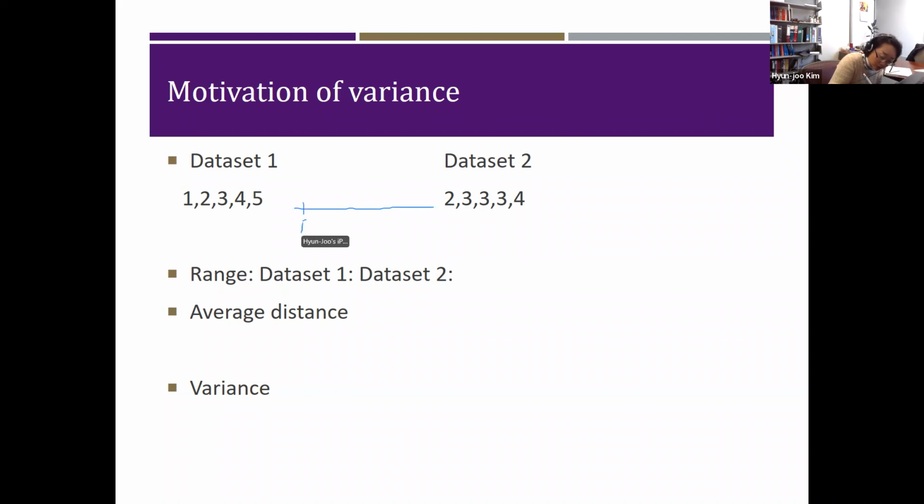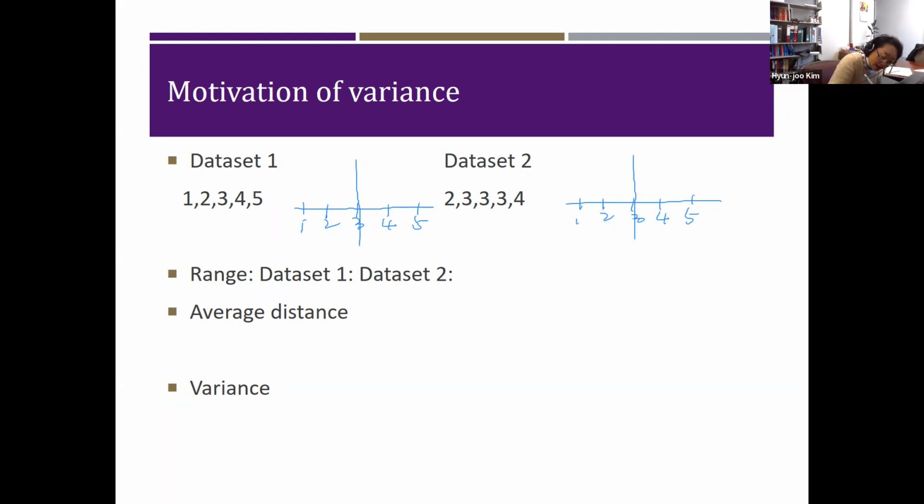So here's 1, 2, 3, 4, 5. I'm going to do exactly the same thing for data set 2: 1, 2, 3, 4, and 5. Your center is 3 right here, and the same thing here, your center is 3. Again, we're measuring how far your data set is from the center.